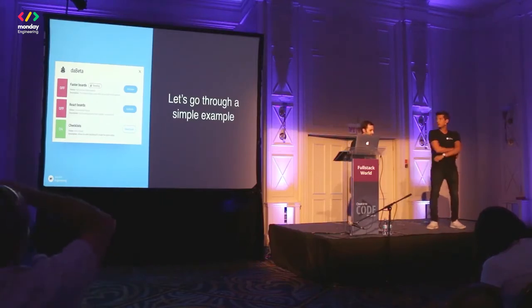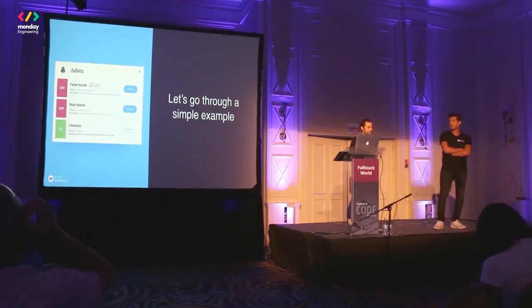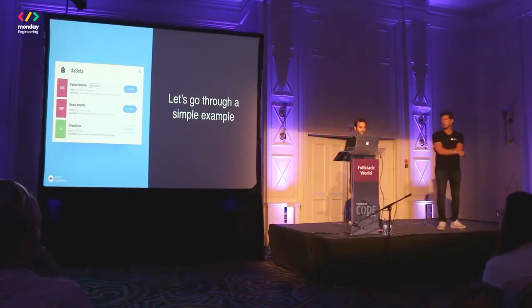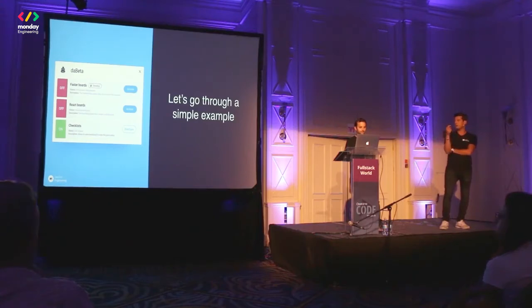You can see that there is an icon and a title for the dialog, and there is a list of items. This is really a basic example to show you the principles that we applied during the development of the board. You can see that each one of the items has a status. It can be either off or on, and each one of the features has a button that the user can click on to change the status of the feature, enabling it or disabling it.